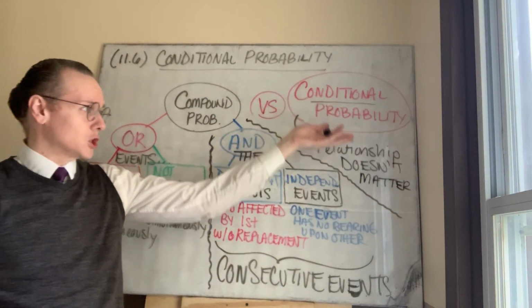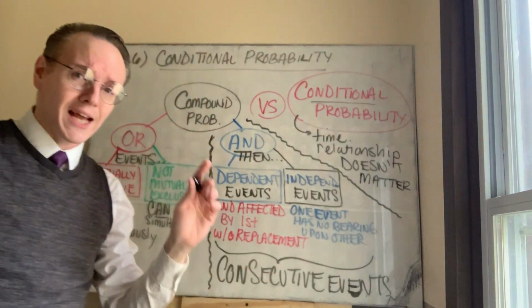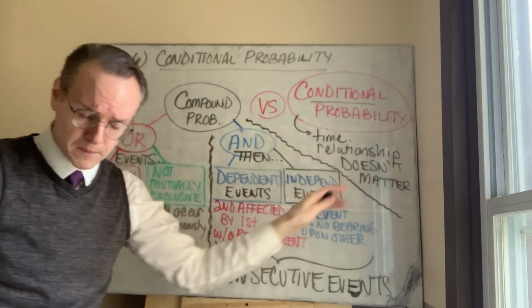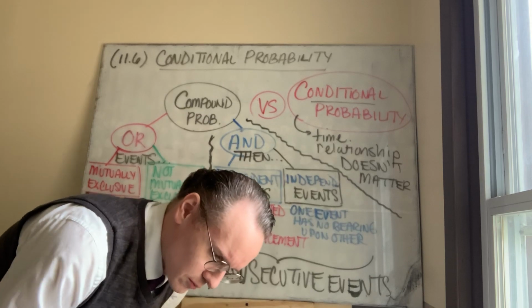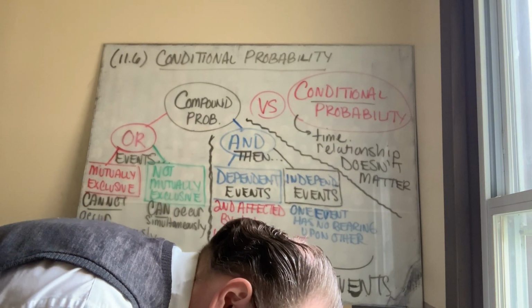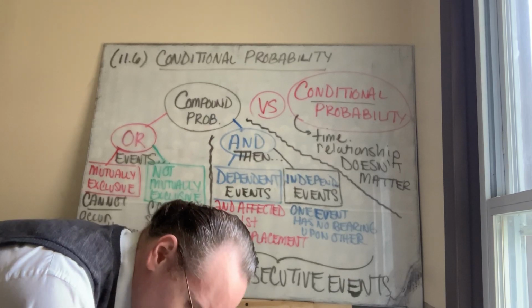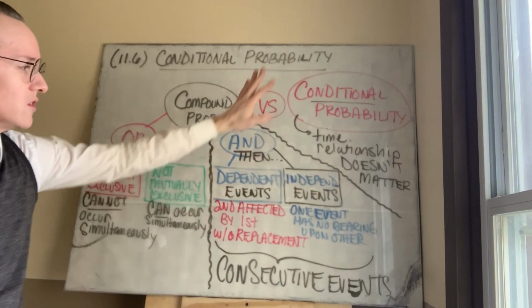But in the case of conditional probability, the time relationship does not matter, and consequently, it'll have its own unique formula. So that is to summarize what is old with what is new. Now, let me give you another diagram to help distinguish this a little bit further.